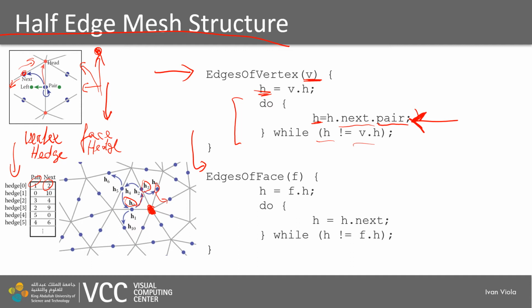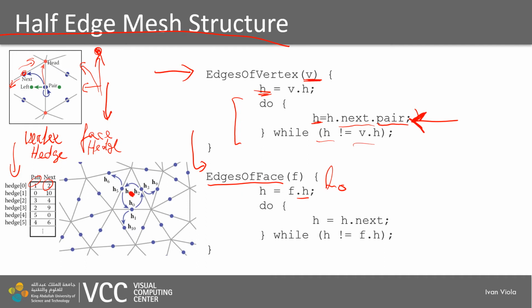The next will be directly interesting for our searching for the edges of a particular face. So again, we have one half edge stored for a face. Let me again delete this. Let's say this is the face we are interested in, and it is storing the half edge h0.